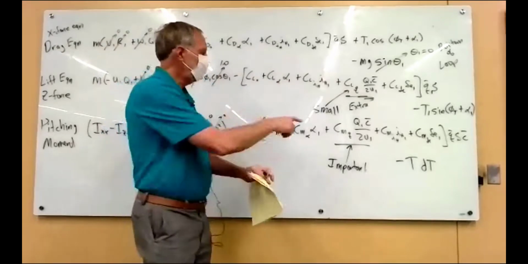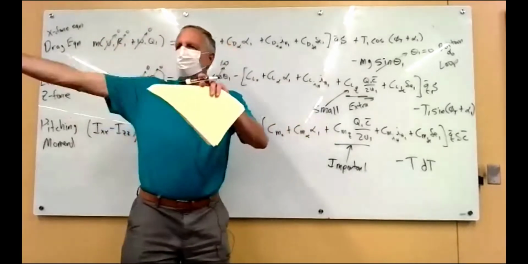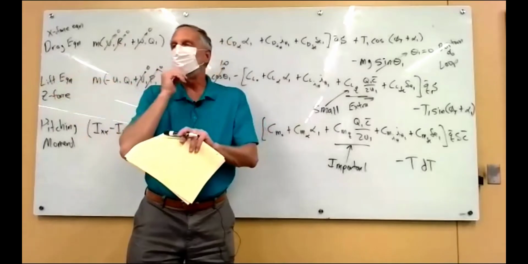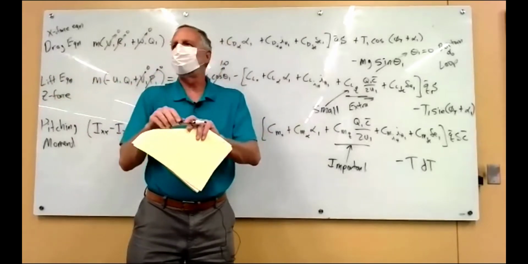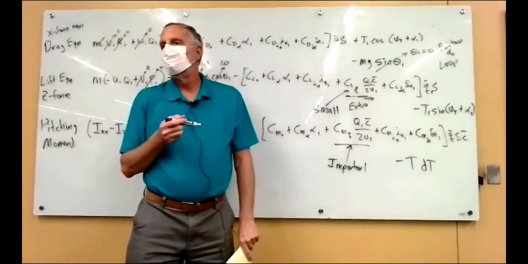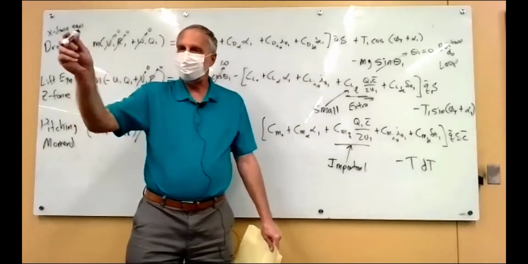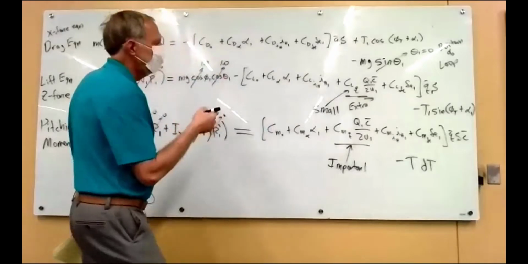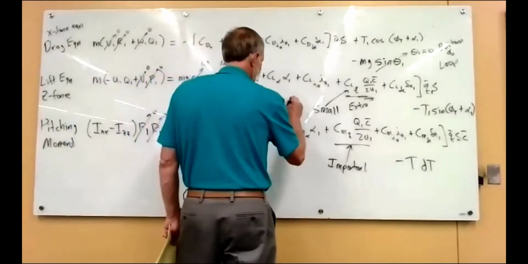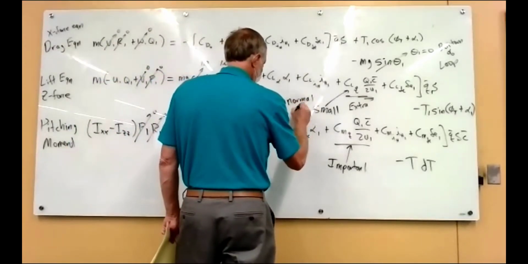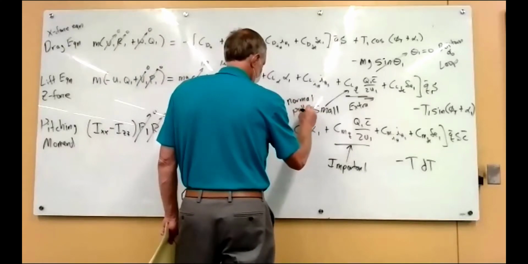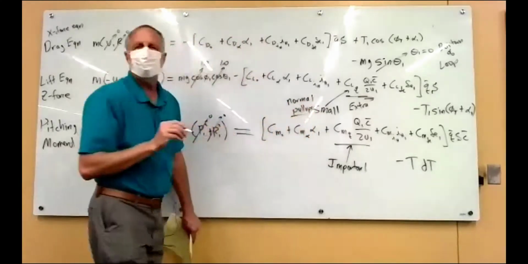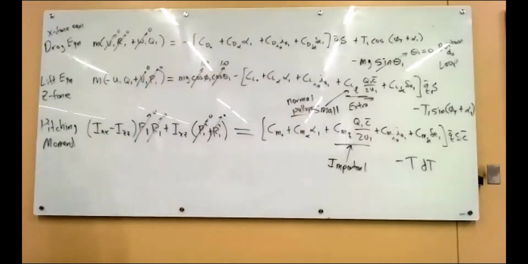It can definitely produce a lot of pitching moment because the tail is way back, but it doesn't significantly change the lift for normal pull-ups. If the airplane's spinning, that's a totally different story. But for normal pull-ups, where the pilot's not blacking out from the G's and the wings aren't falling off, you can consider that term to be small.